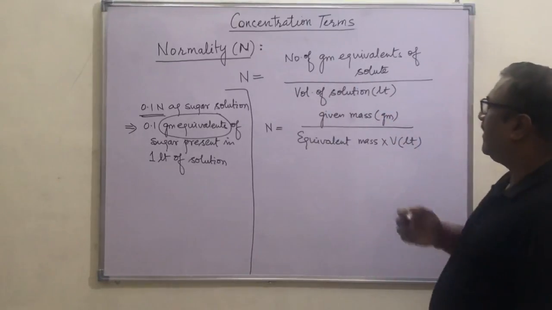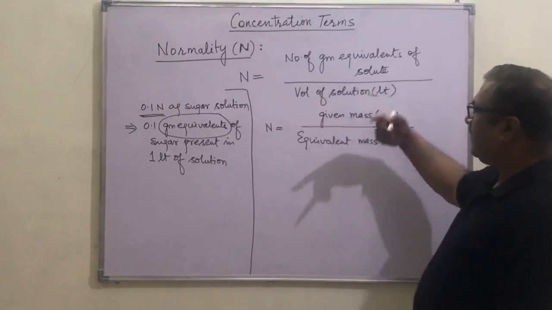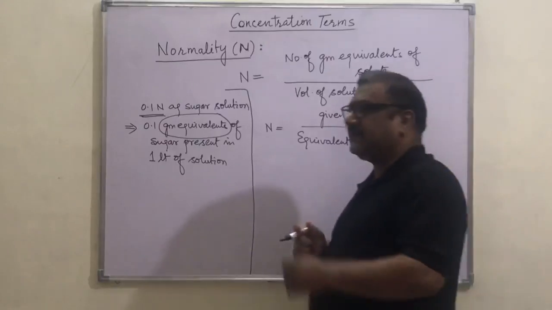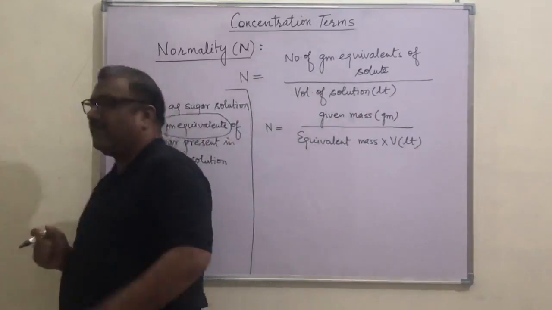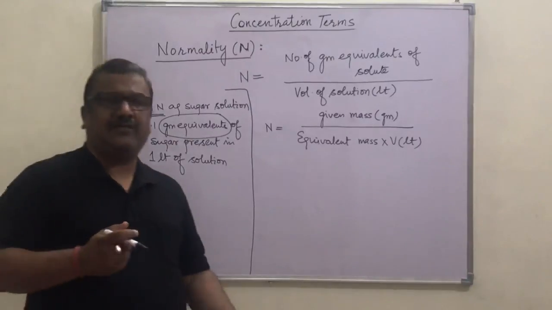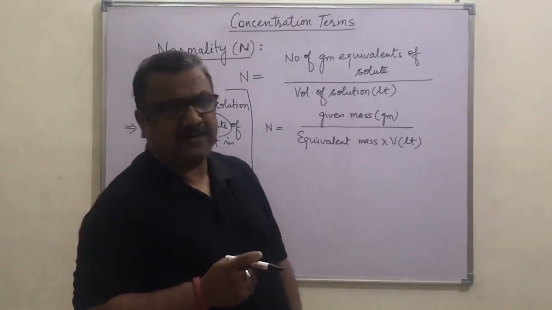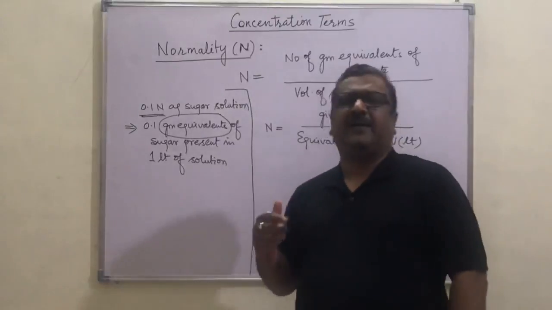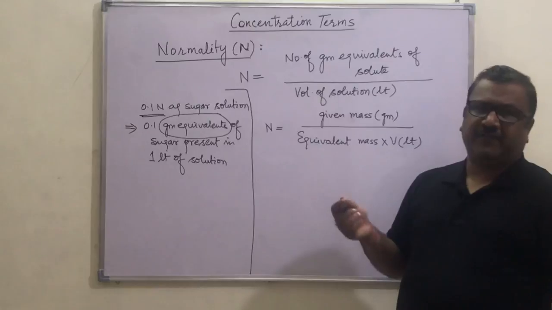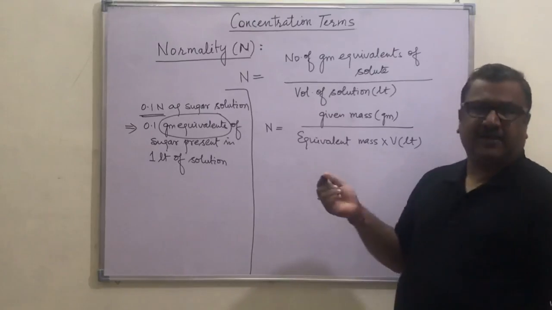If we are given the mass of the substance and the volume of the solution, then we need the equivalent mass. Molecular masses we can learn, it is standard data, but equivalent mass varies from one case to another case.